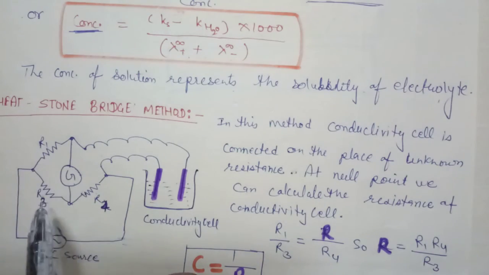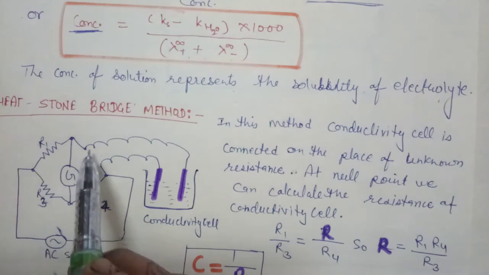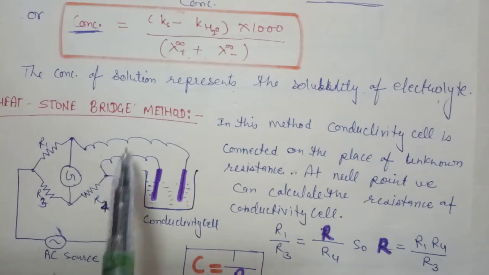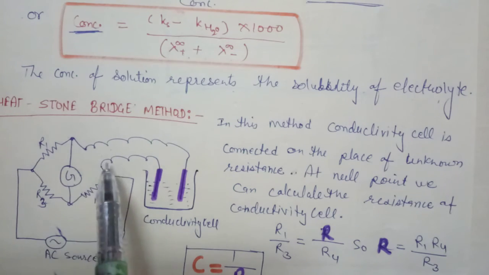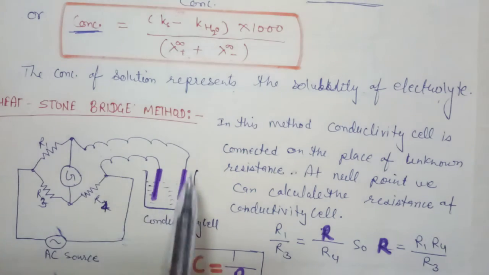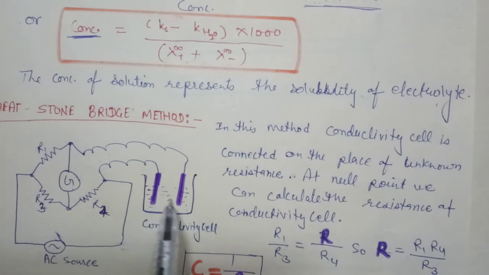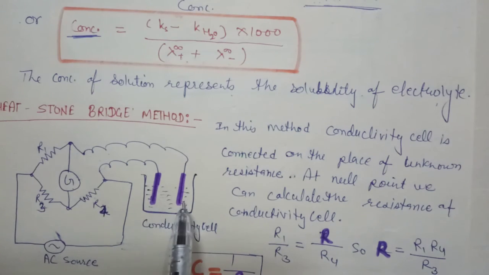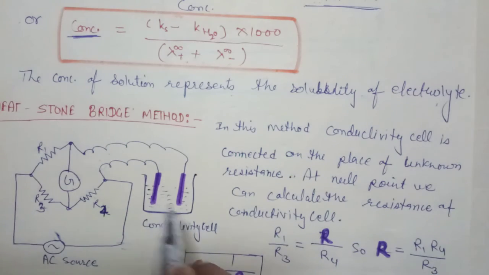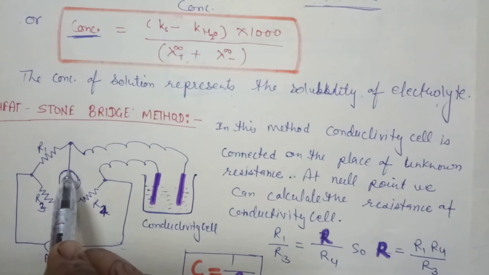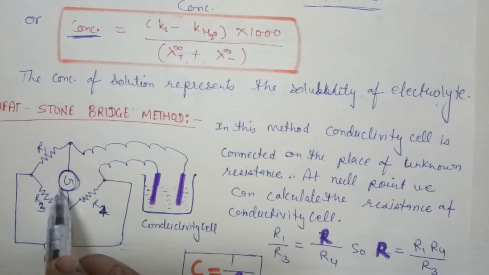Here R1, R3 and R4 are known and R2 is unknown, but in place of the unknown resistance we connect the conductivity cell, and fill it with distilled water or the solution of the electrolyte, and we get the null point in the galvanometer, that is the null point or balance point.